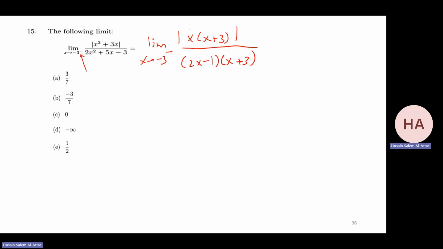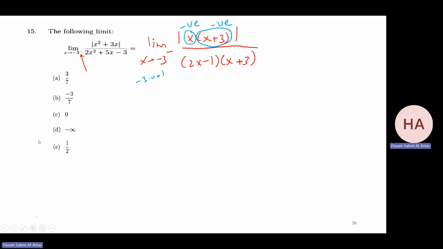If you notice, this one is negative, and this one also negative, as it goes to minus 3 from the left. I'll take a value like minus 3.001, so it will be negative, negative.